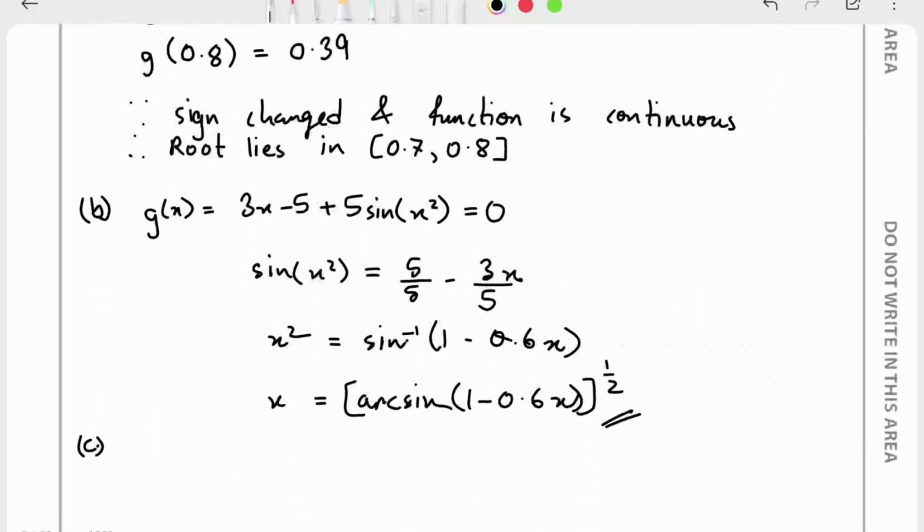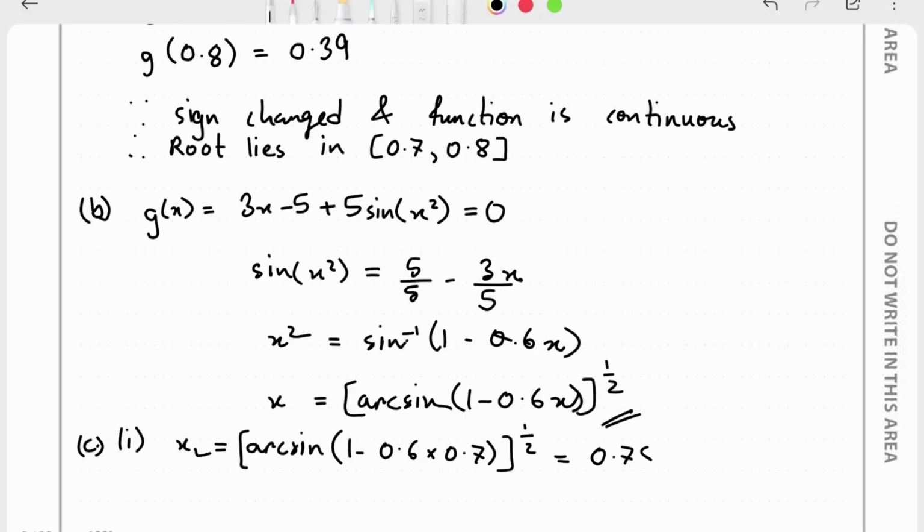Very simple. x2 is equal to arc sine of 1 minus 0.6 times 0.7, to the power half. This gives us 0.7866.